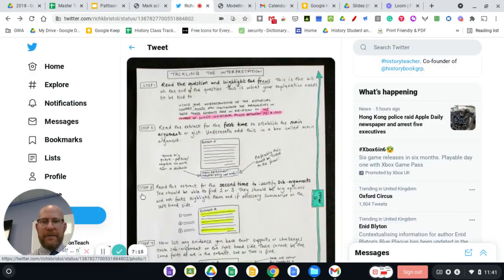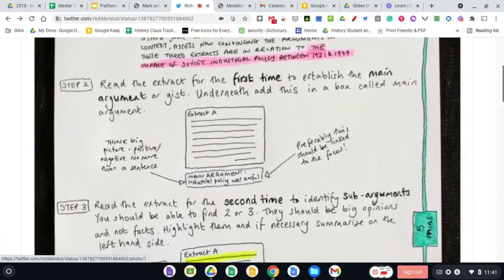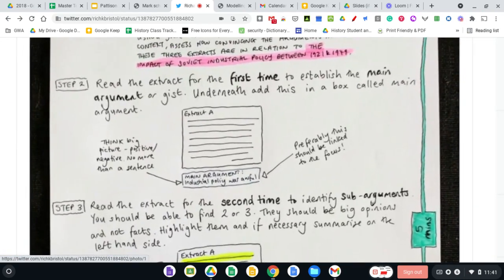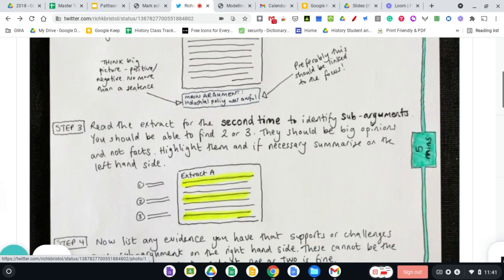Having got our headline, Rich goes on to suggest that after we have done that, we need to read the extract for a second time and identify the sub-arguments. We're going to aim for 2 or 3. There should be big opinions.